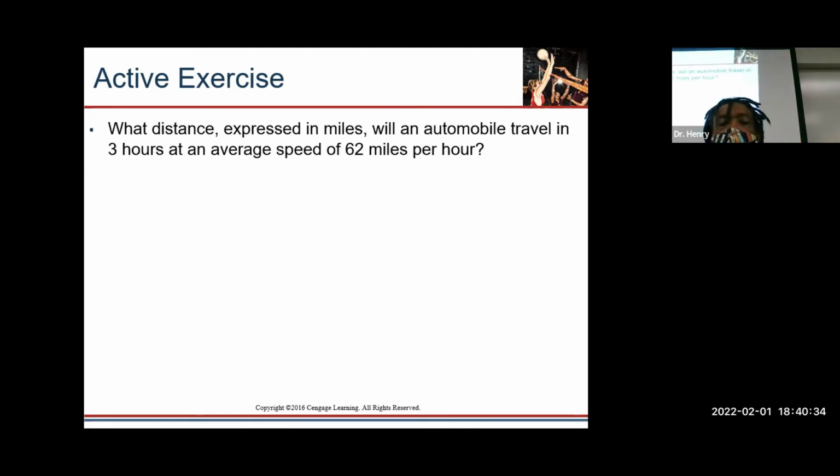What is the distance expressed in miles? I say, what distance expressed in miles will an automobile travel in 3 hours at an average speed of 62 miles per hour? Okay, what's my given? Okay, so 3 hours is my given. What's my equivalency? 62 miles per hour.